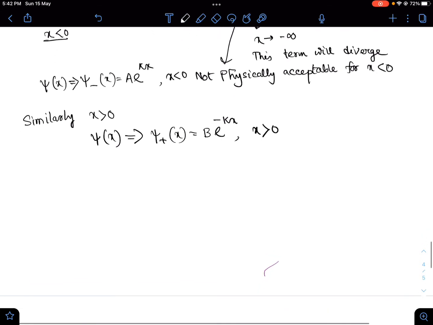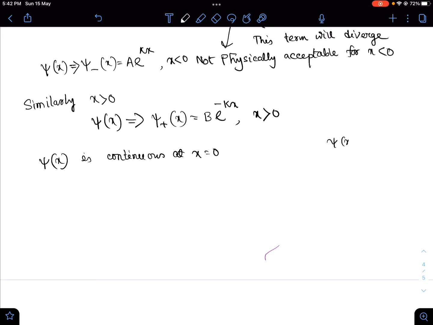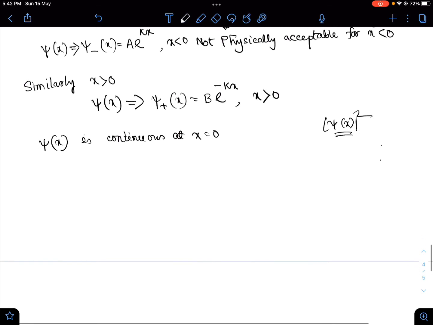Now we know that psi x is continuous at x equal to 0. So wave function must be continuous because wave function square denotes probability, and if wave function is not continuous, at a given point we will have two different probabilities of finding the particle at the same instant of time, which is not possible. So that is why wave function should be continuous.